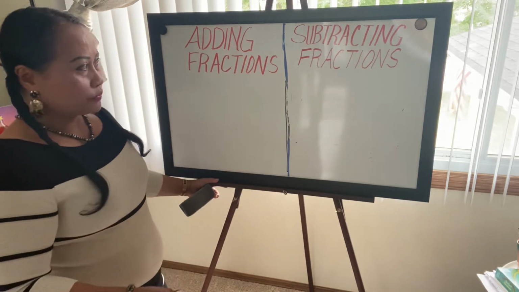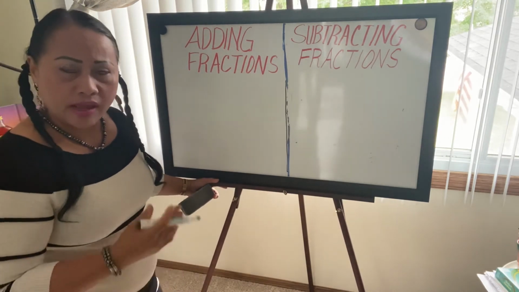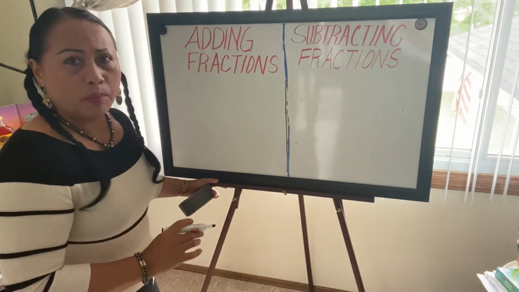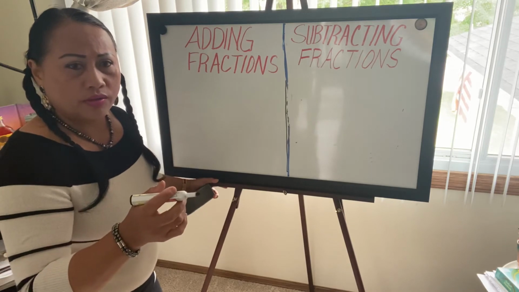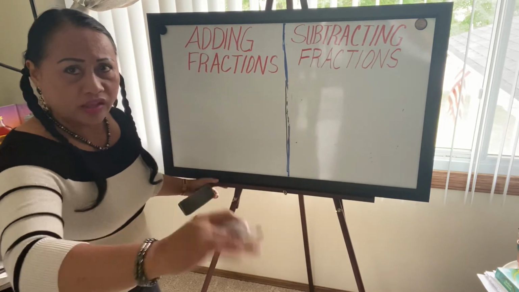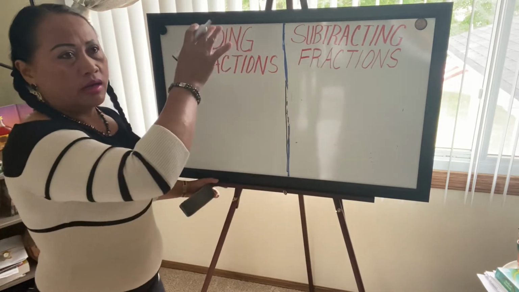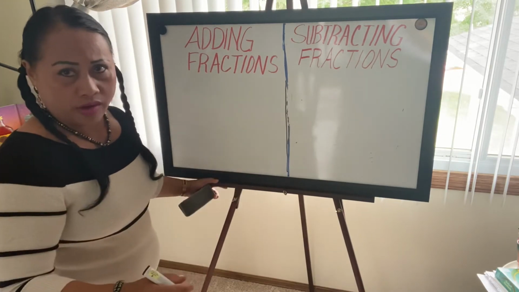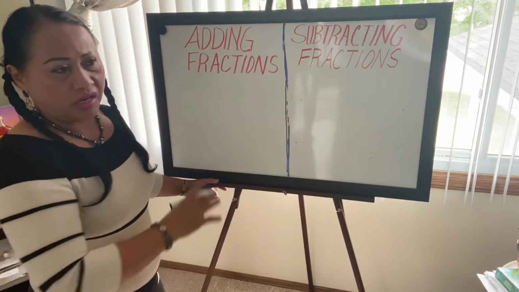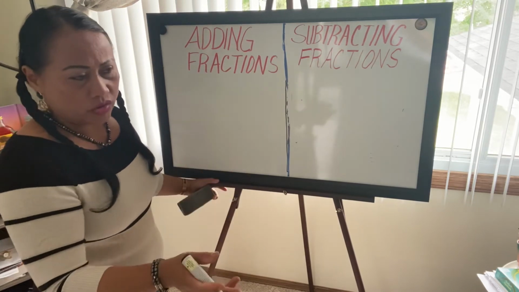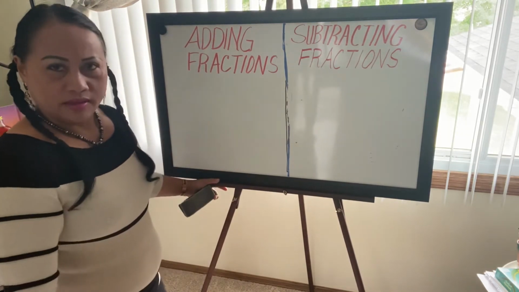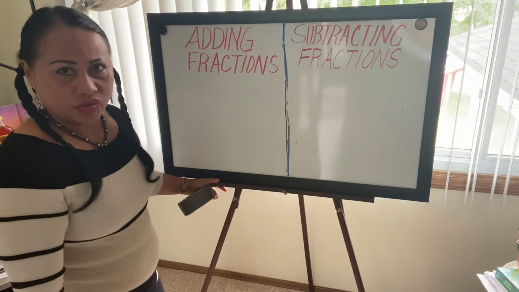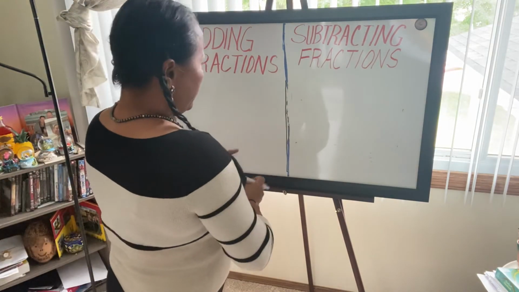And if the denominators are the same, you can simply bring down the common denominator into your answer. And then the numerators, you can directly add or subtract. If it is addition, you directly add all the numerators, and then look if you can still reduce your fraction. Okay? Thank you. Okay, another one.